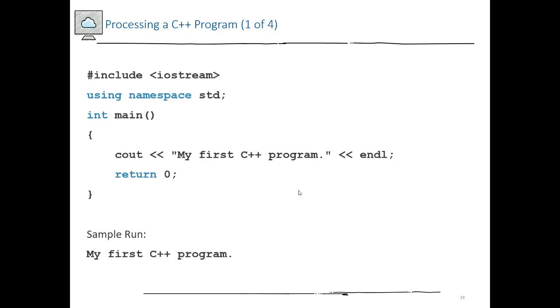Okay, and C++ programs look something like this, as you might have seen. I don't know if you have seen C++ programs or not, but this is an example of a C++ program. It has a couple of lines of code. At the top, you have declarations, things like include and using namespace standard, and the main function. Every program starts with a main function. Now, not every program starts with the main function.